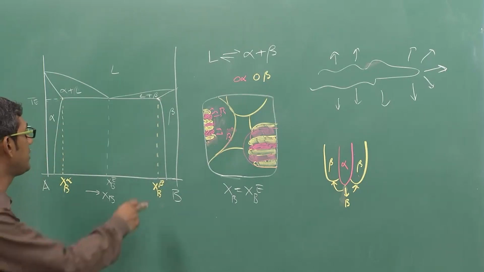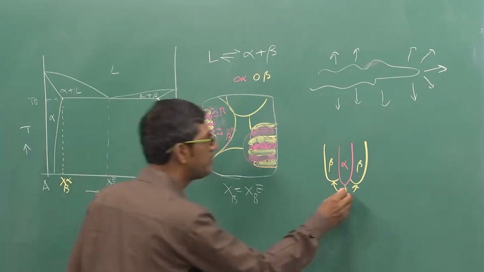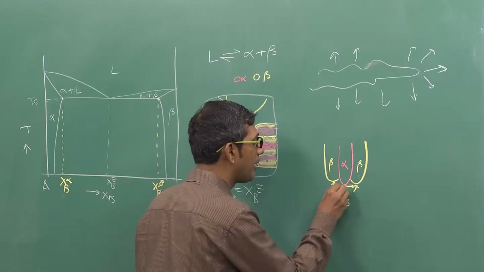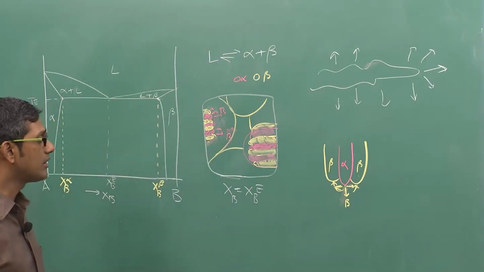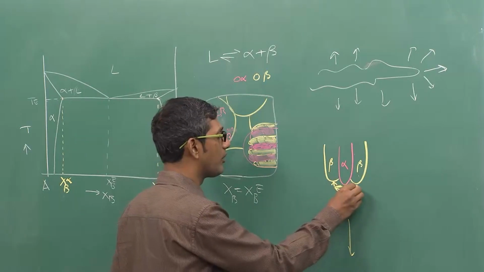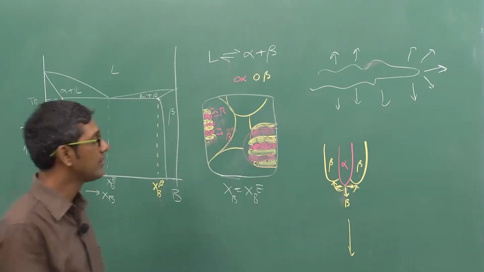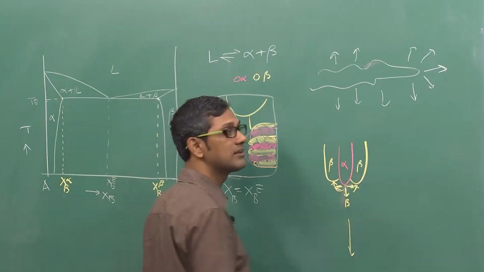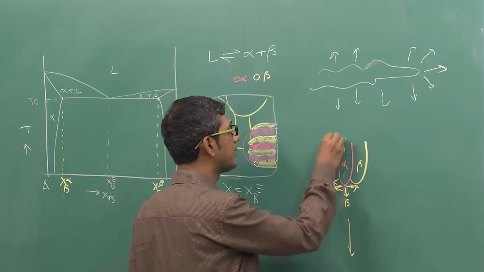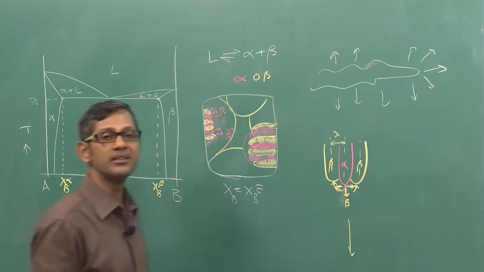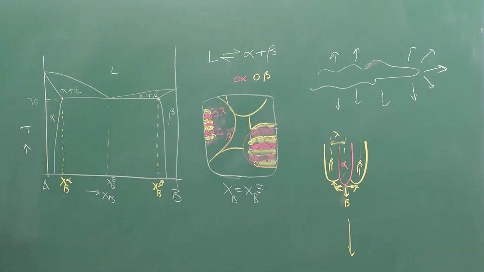That is obvious, because beta is rich in B. So this B can then get transported from the tip of alpha sidewise. It does not require to be transported along this direction, it can always be transported sidewise. So the diffusional distance from the alpha to beta is very small, because these 2 lamellae are sitting side by side. In fact, in eutectic growth we always define an interlamellar spacing called lambda. So the diffusional distance is related to lambda, it is either equal to lambda or a fraction of lambda.